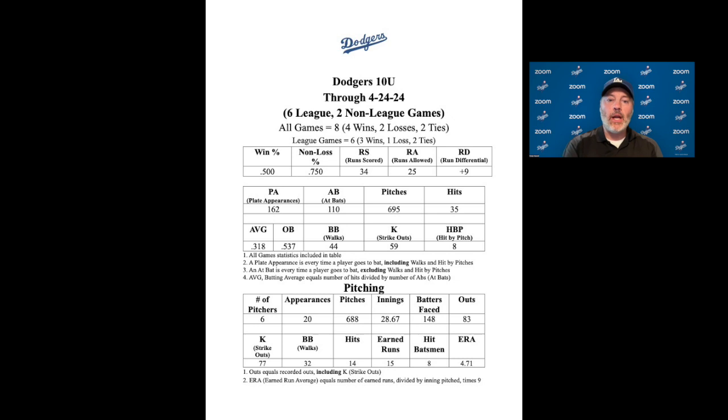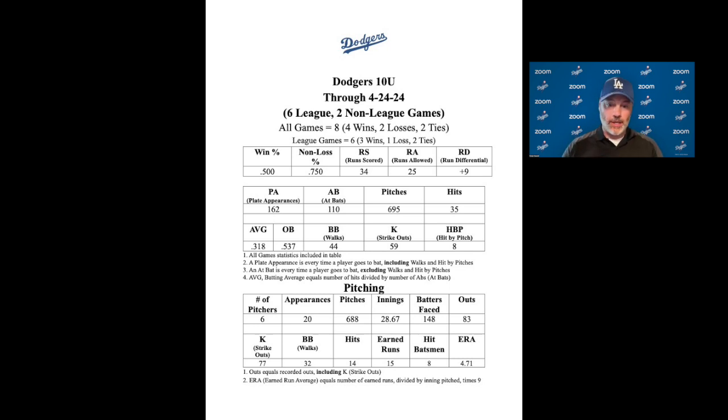We faced 148 batters. If you compare that 148 batters that we faced as a team to the 162 plate appearances that we have, that's a really, really good stat for us. We're going to bat more times over the season than our opponents are.